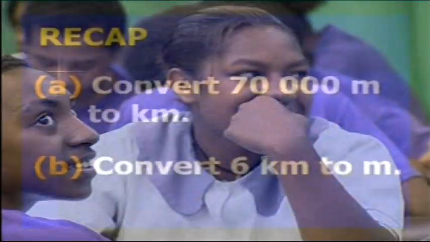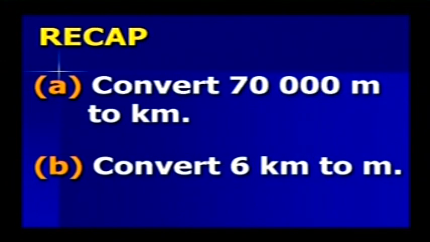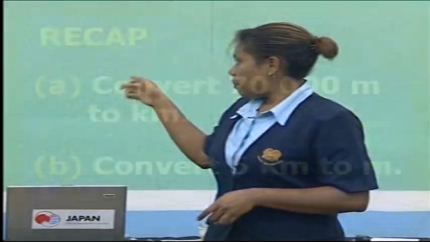No. It is 70,000 divided by 1,000, all right? 1,000 meters is equal to 1 kilometer. So 70,000 divided by 1,000, what is your answer? 7 kilometers or 70? 70 kilometers.